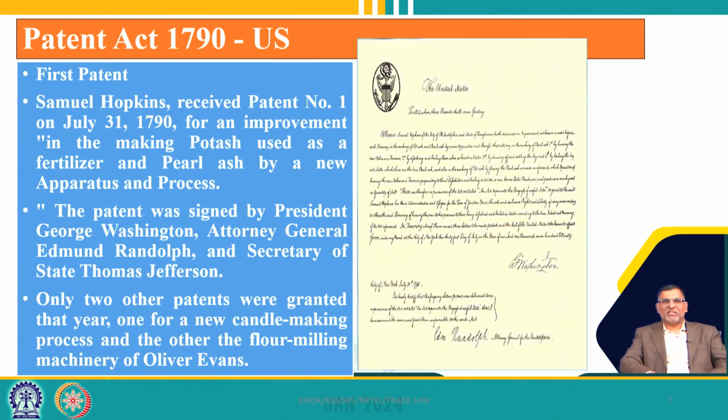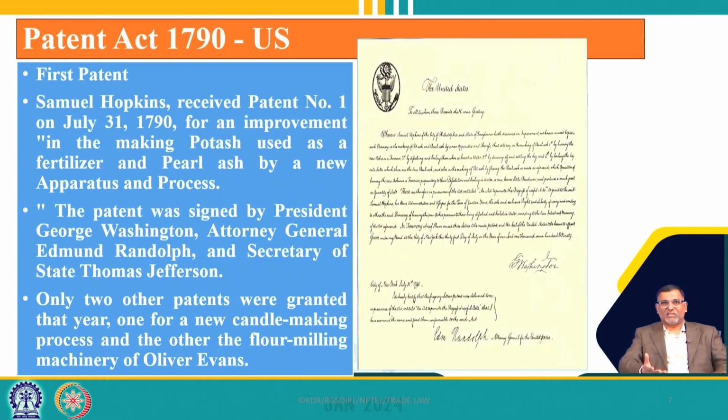If you look into the US, the first patent was granted in 1790, and this patent was granted for an improvement in making potash. What is potash?